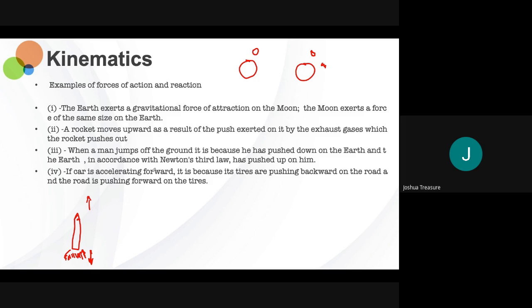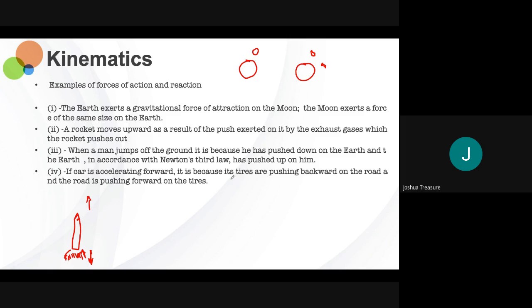All right, and if a car is accelerating forward, you realize that whenever the car is moving, the orientation of the wheels is like the car is pushing against the road, pushing backwards, and then the road pushes the tires forward.